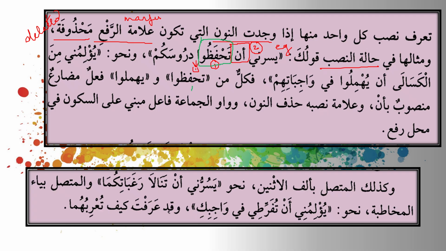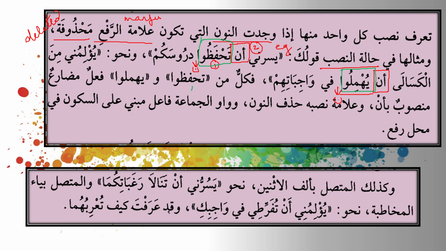And the next example is yu'limuni min al-kasala an yuhmilu. Again, we have an afalul khams where noon has been deleted. And the second proof, the tool of nasb is present there. So this afalul khams is in mansub case. We have two proofs to prove that it is the mansub case now.